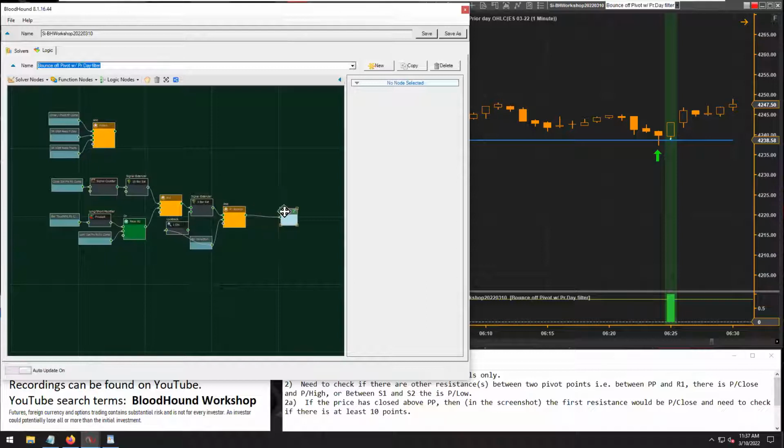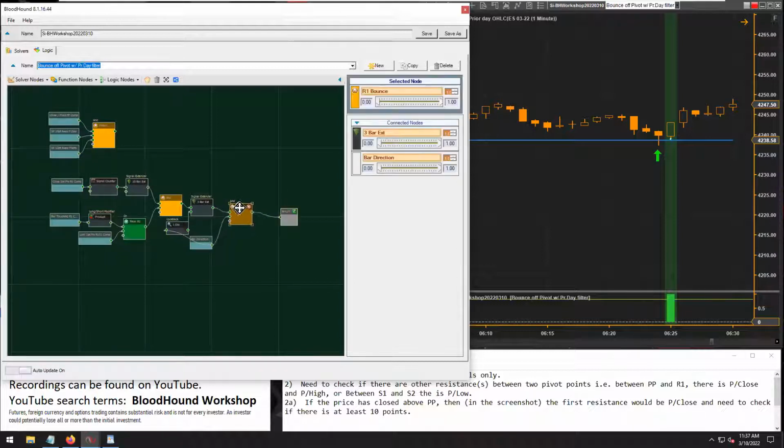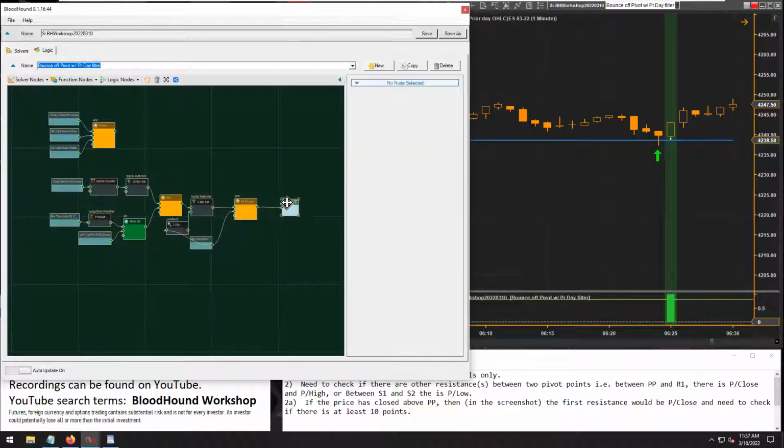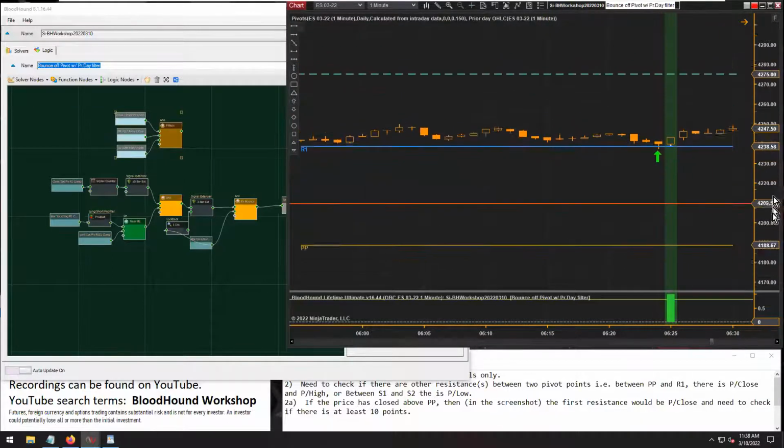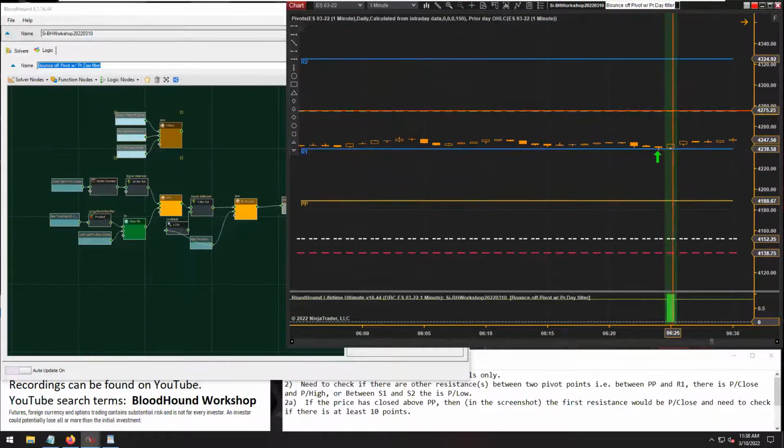Oh, also, yeah, we also need to take our filters here. So remember, we have our filters that are checking to see, oh look, we have the prior high right above this, right?